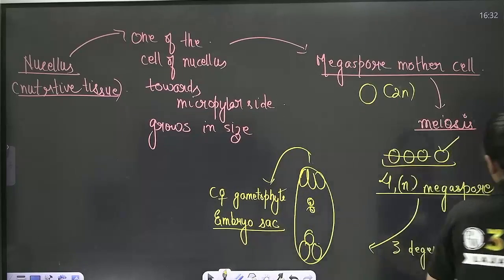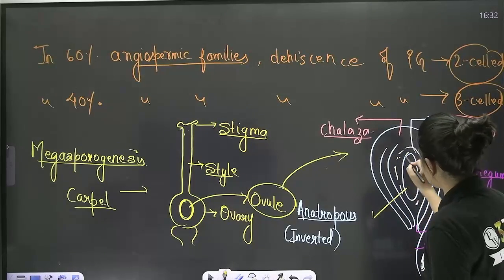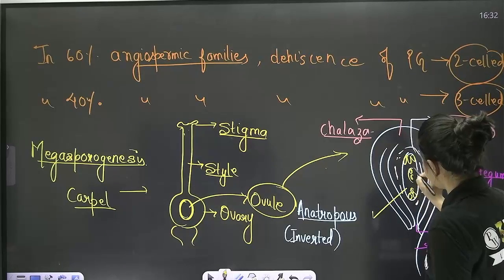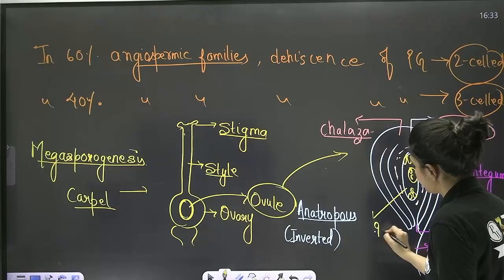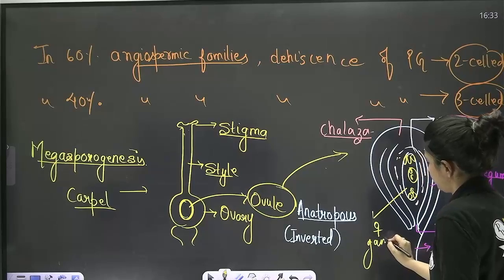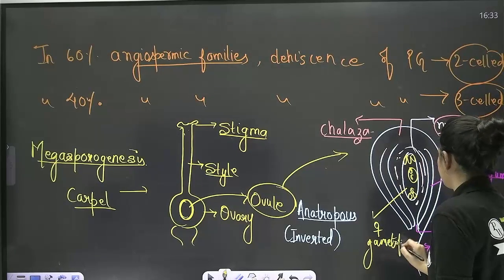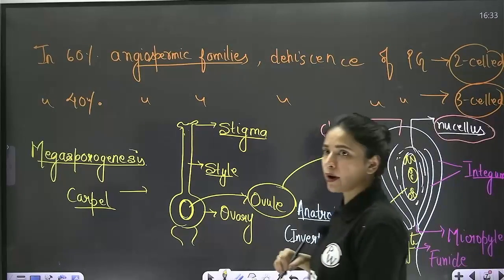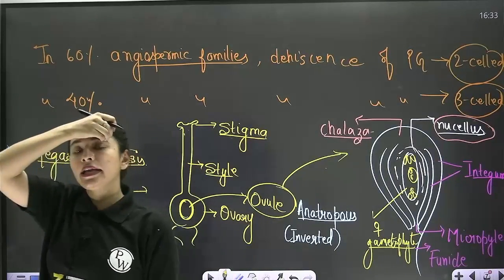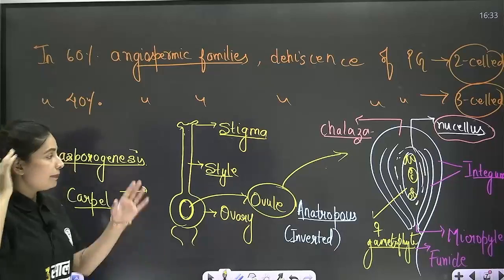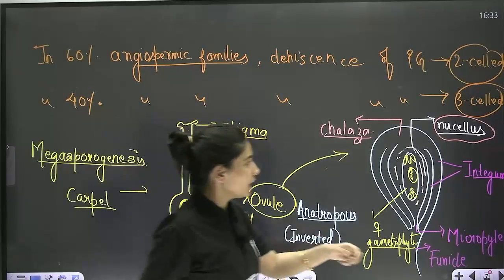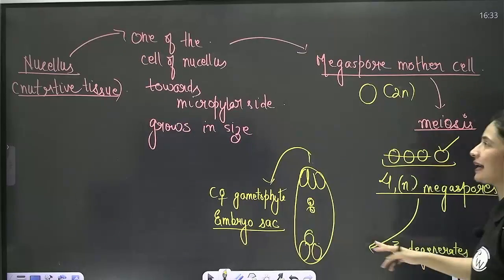In this diagram, this is the female gametophyte that I have drawn. So got my point? This is how the development of female gametophyte takes place from the carpel.